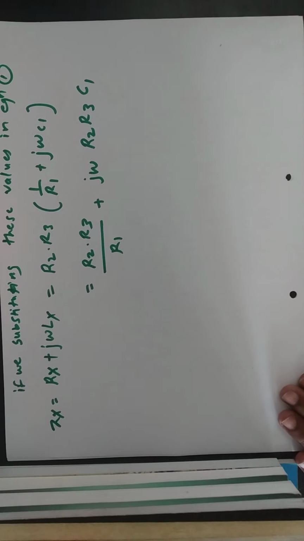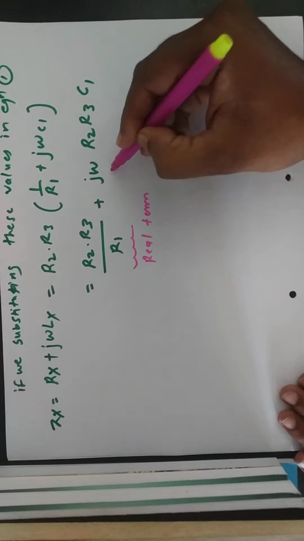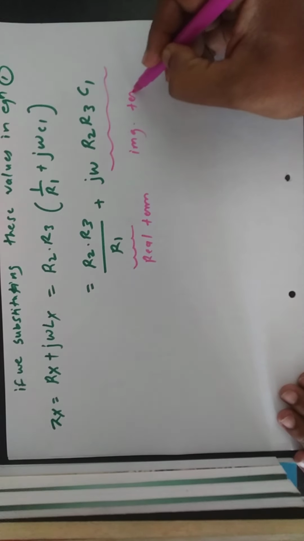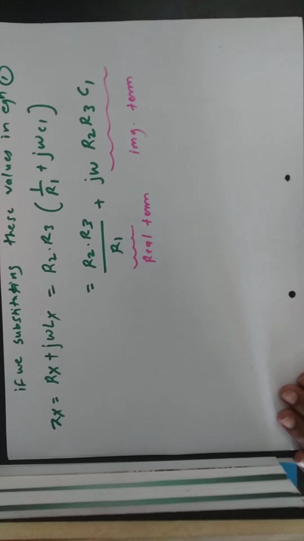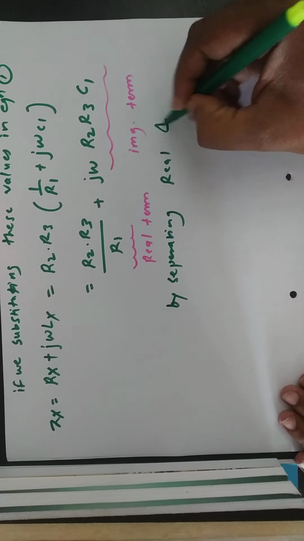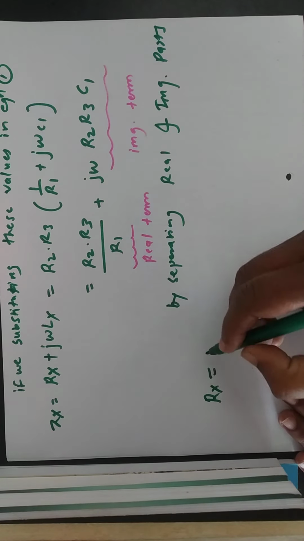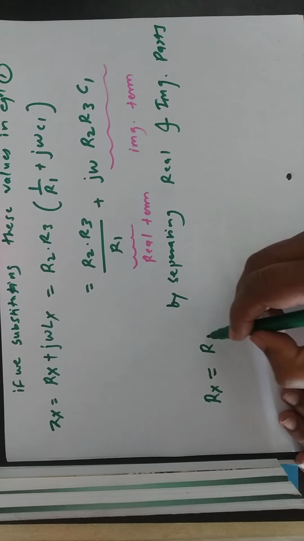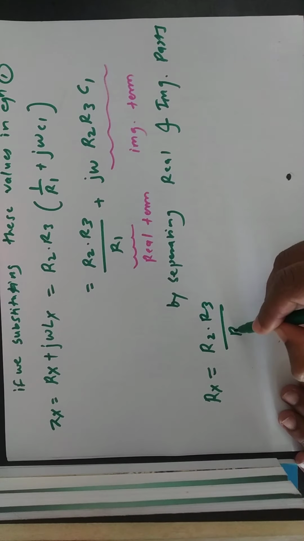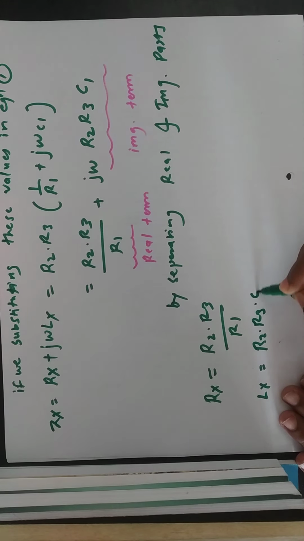You can simply understand there are two different terms. This one is a real term, and this is the imaginary term. By separating real and imaginary parts, we get Rx equal to R2 into R3 divided by R1, and for Lx, because j omega and j omega cancel out, Lx is equal to R2 into R3 into C1.